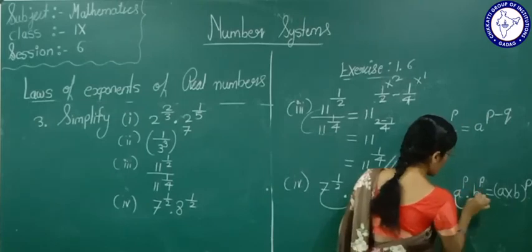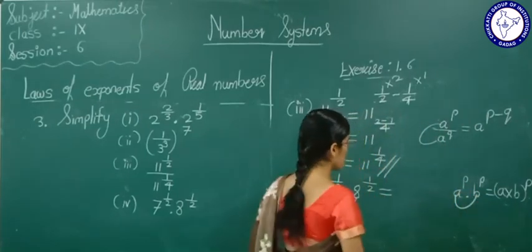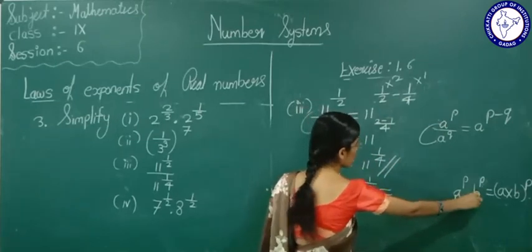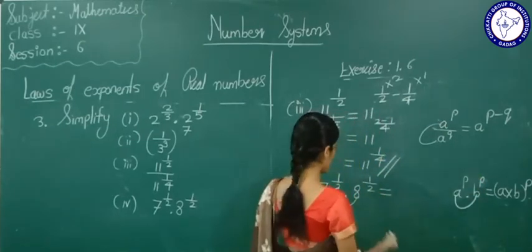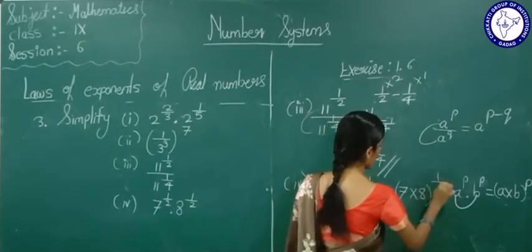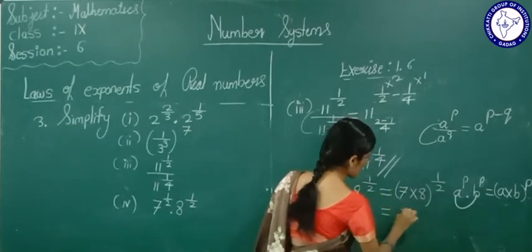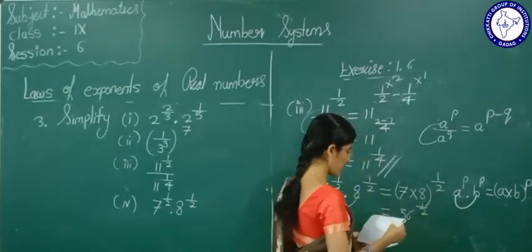See here bases are different but the powers are same. Here a and b are two real numbers and p is a rational number. Now this can be written as 7 into 8 raised to 1 by 2. 7 8s is 56. 56 raised to 1 by 2.